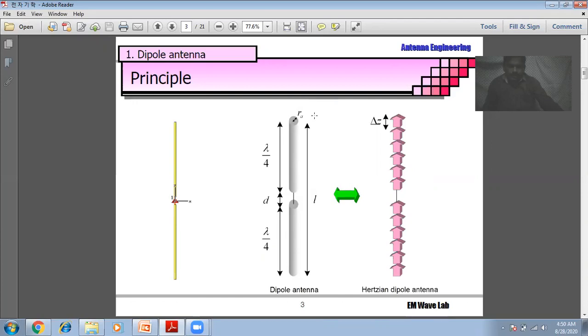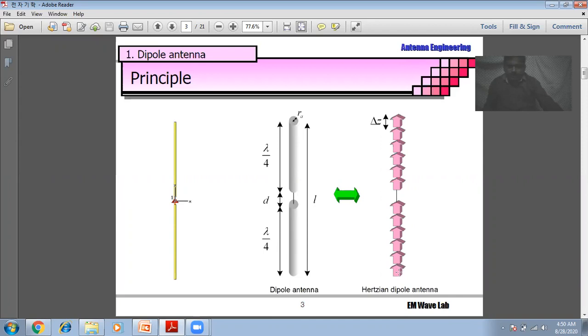This is a dipole antenna, so it has a length of lambda by 4 plus lambda by 4. Actually, inside a dipole antenna there are many Hertzian dipoles. The Hertzian dipoles are very, very small.